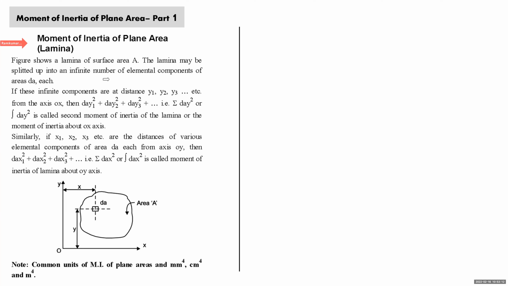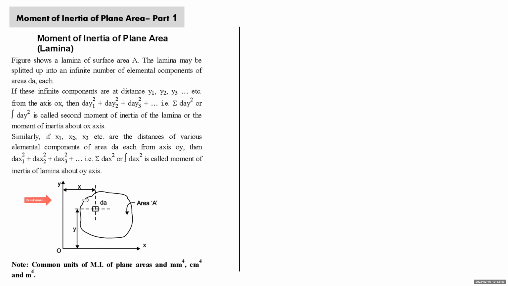Now, let's first understand the definition of moment of inertia. Here I have shown a lamina of area A. OX and OY are the two reference axes in the plane of the lamina. Assume that dA is the area of an elemental part. Assume that x is the perpendicular distance of this elemental part from the reference axis OY.